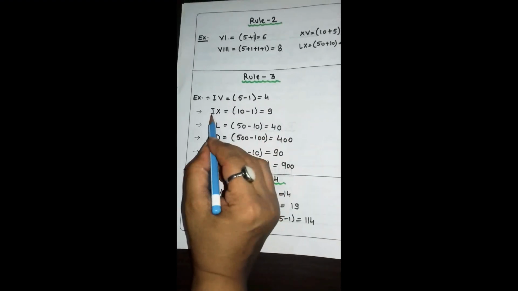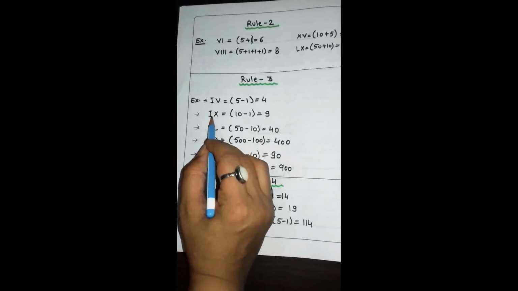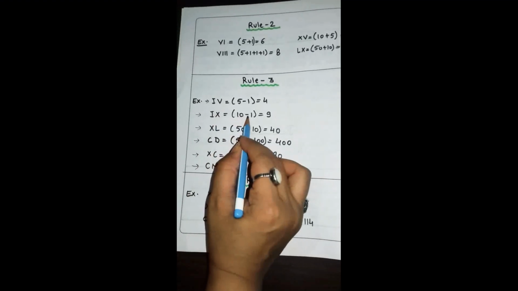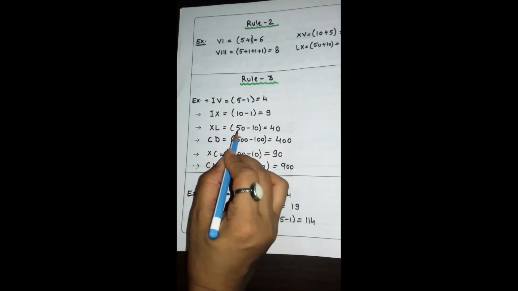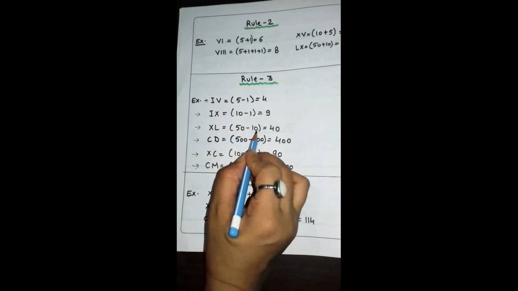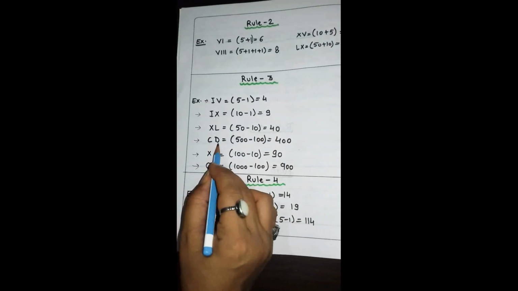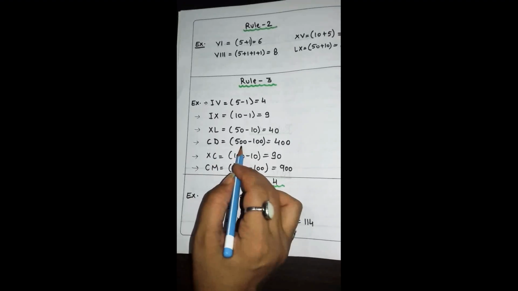Next, I and X. X stands for 10 and I stands for 1. So I is subtracted from the larger numeral, meaning 10 minus 1 is equal to 9. X and L. L stands for 50 and X stands for 10. So 50 minus 10 is equal to 40. C, D. C stands for 100 and D stands for 500.